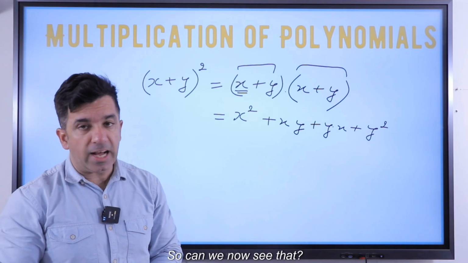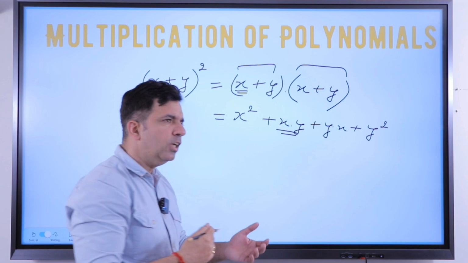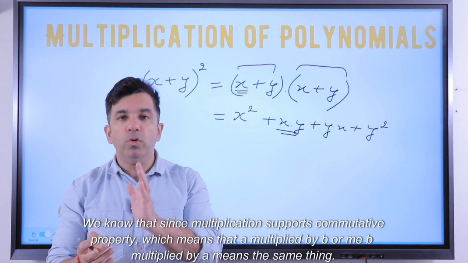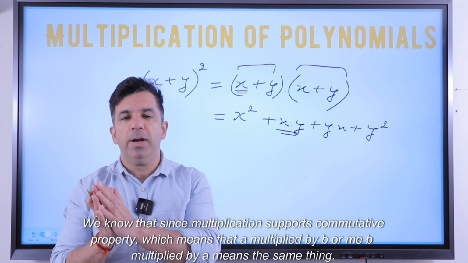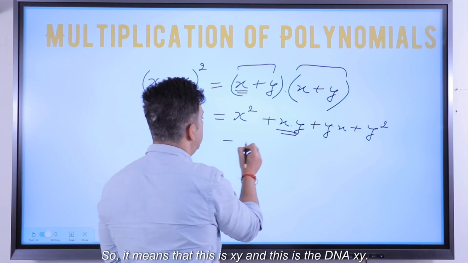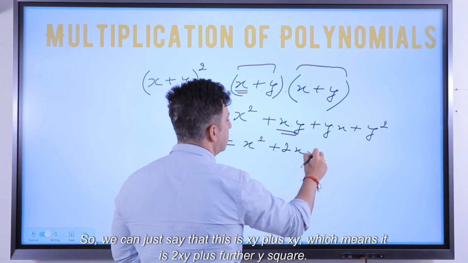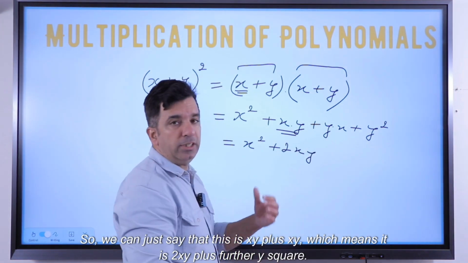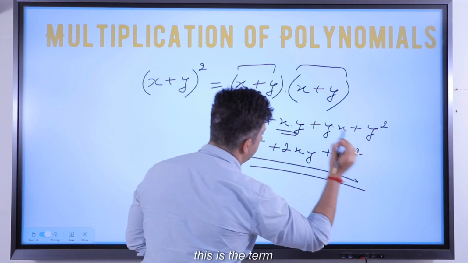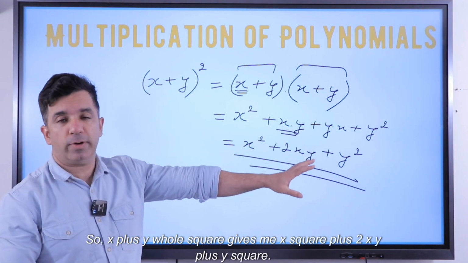Since multiplication supports the commutative property, which means that a multiplied by b or b multiplied by a means the same thing, this is xy and this is again xy. So we can just say that this is xy plus xy, which means it is 2xy plus further y square. So x plus y whole square gives me x square plus 2xy plus y square.